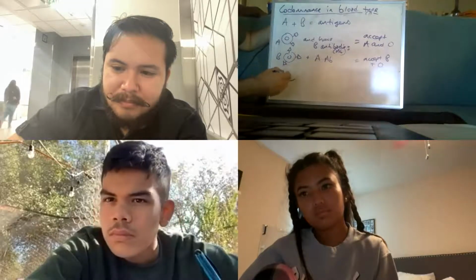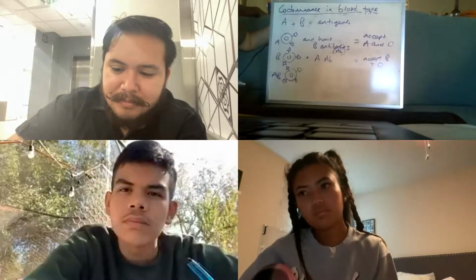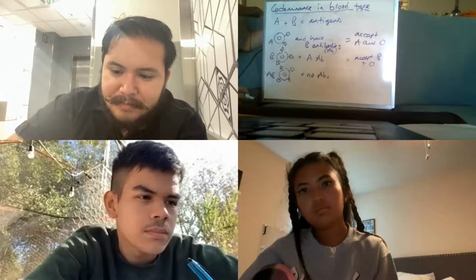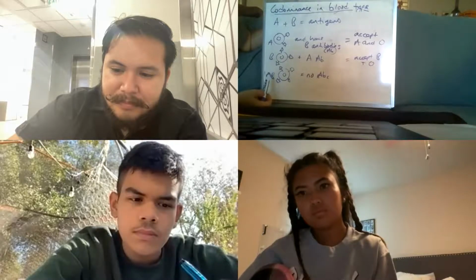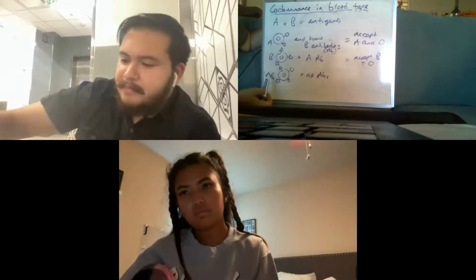Now, if you have AB, I'm just going to have enough space here. Doesn't that look pretty? You have no antibodies. So you're expressing both phenotypes on your red blood cells equally. So it's not that A dominates over B or B dominates over A, or that you have a partial phenotype.